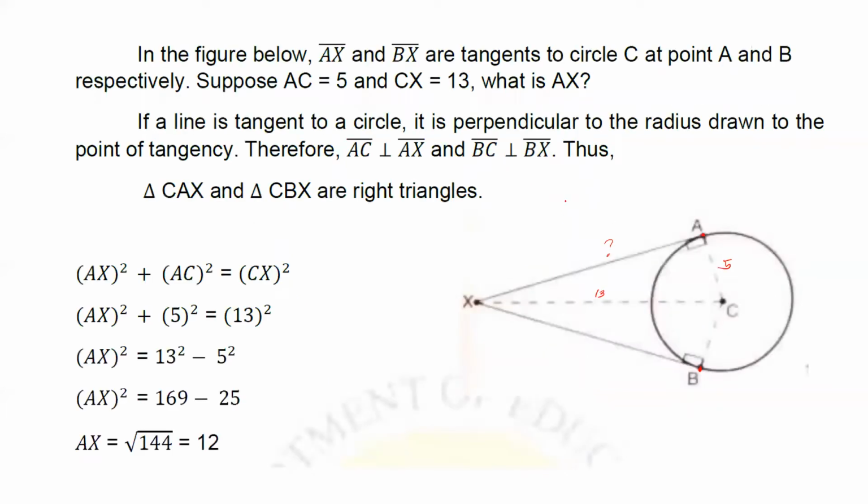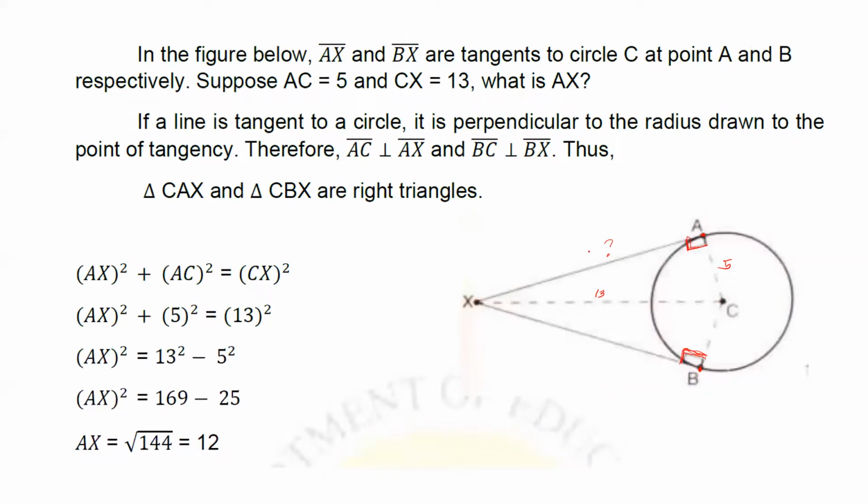So in the next figure, if you connect AX to the center, to the radius AC, this is a right angle. The same with BX, when you connect it to the radius, you create 90 degrees since they are perpendicular.